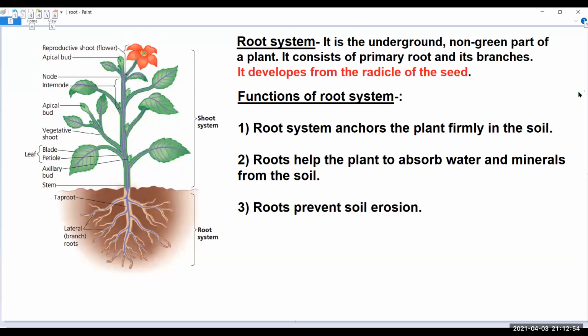As per the functions, root system anchors or fixes the plant in the soil. Roots help the plant to absorb water and minerals from the soil. Also, roots prevent soil erosion.